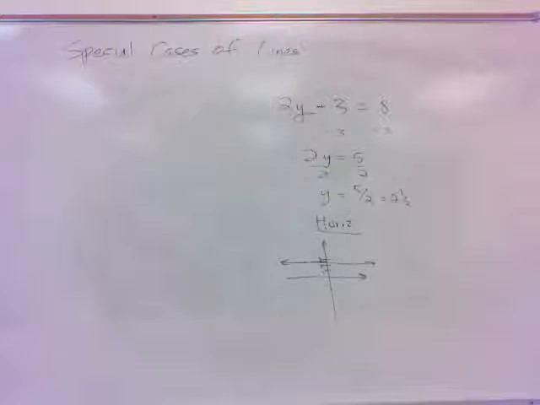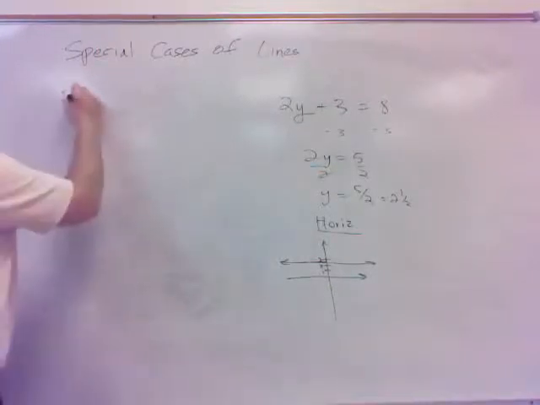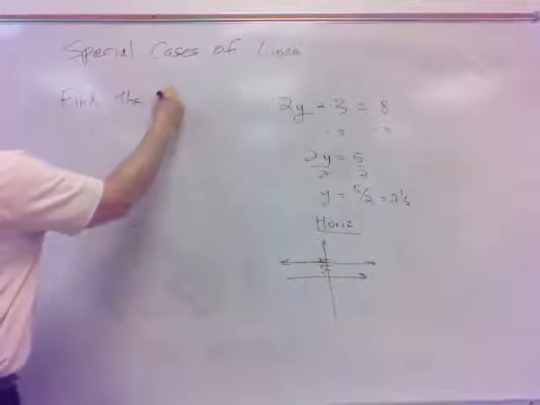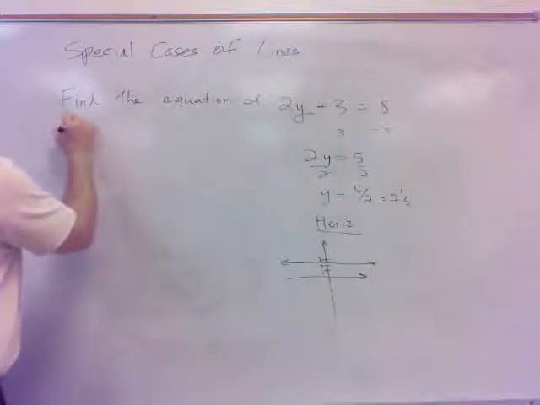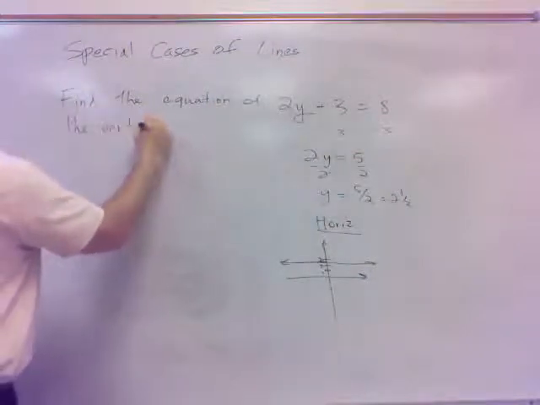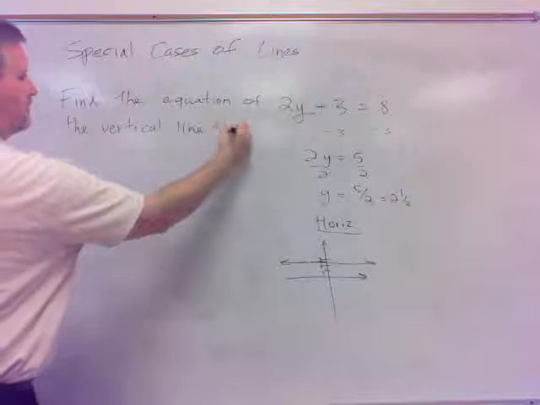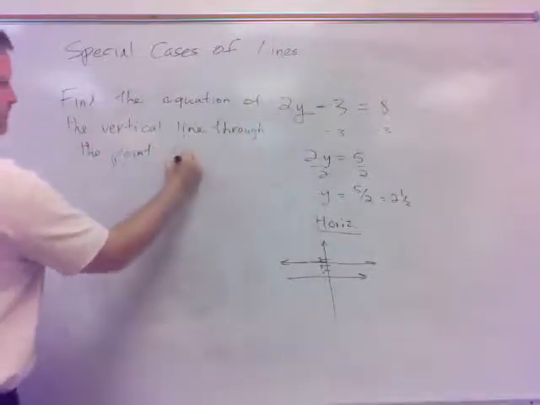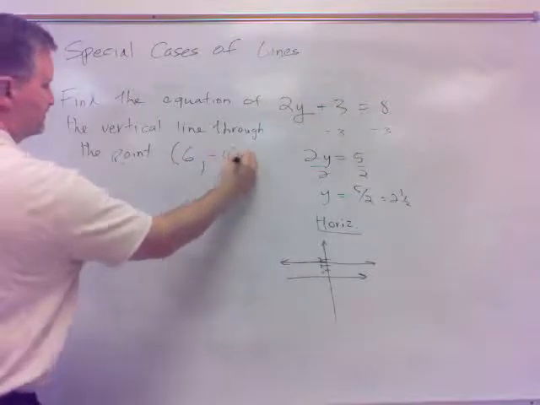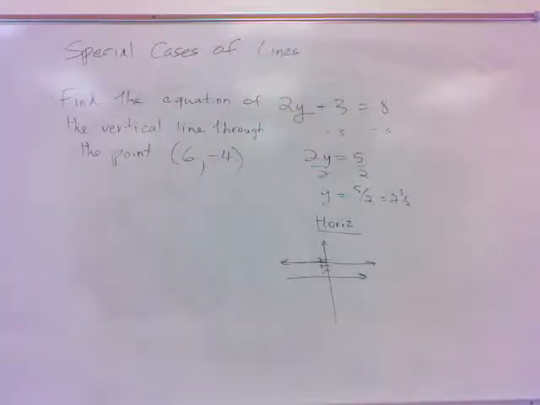What if I wanted to find the equation of the vertical line through the point 6, negative 4. Find the equation. All right. So we had to do some of that with the slanted lines. What about this one?